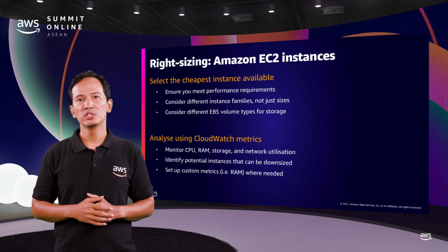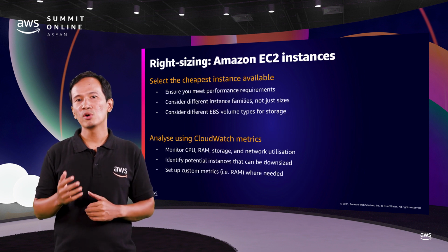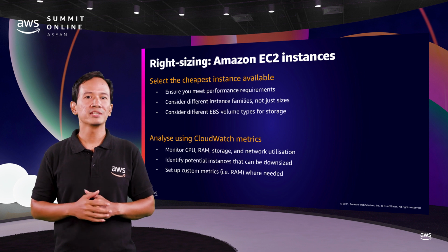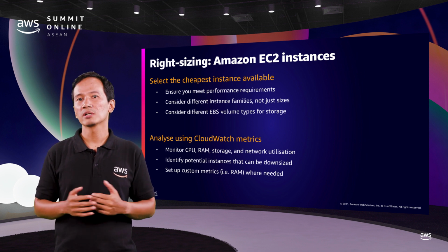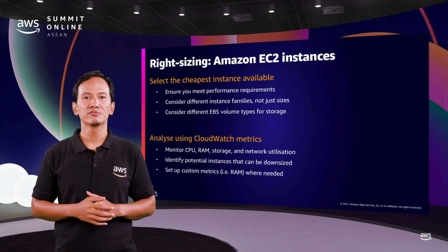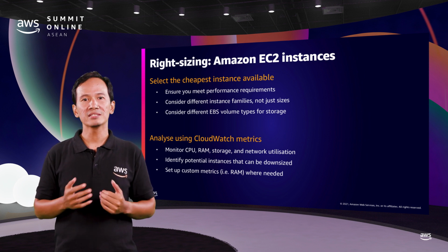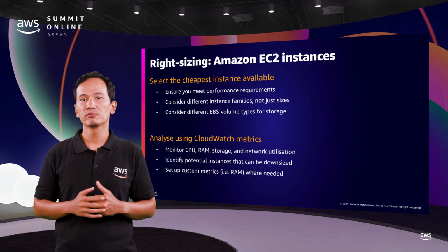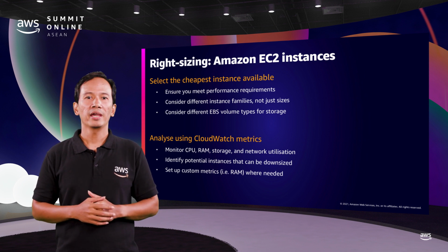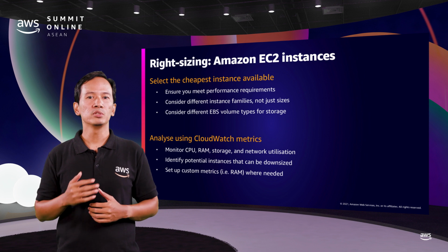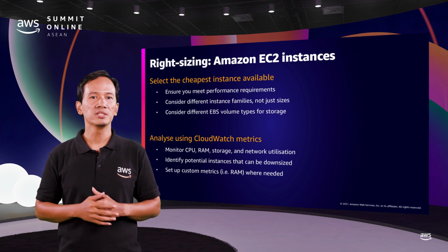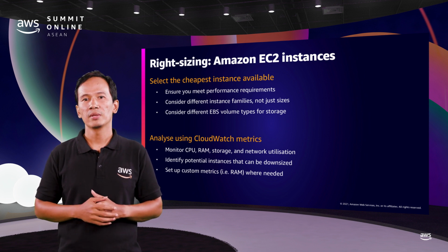Today, Amazon EC2 gives you the option of choosing between more than 350 different instance types distributed across more than 30 instance families. You have the flexibility to choose the combination of instance type and size most appropriate for your application today. And you can always change the type you use later as your business and application needs change.